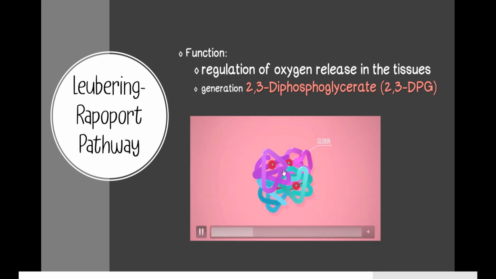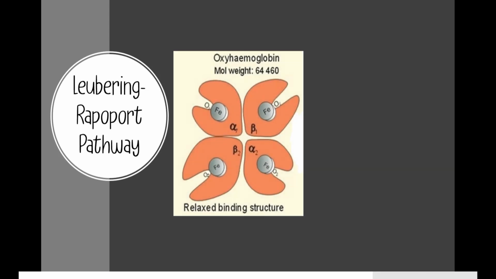As you can see, the hemoglobin is able to take up oxygen, because basically that is the very function of the hemoglobin, to take up oxygen and to deliver this oxygen into the tissues. When hemoglobin is bound to oxygen, the molecule is called oxyhemoglobin.